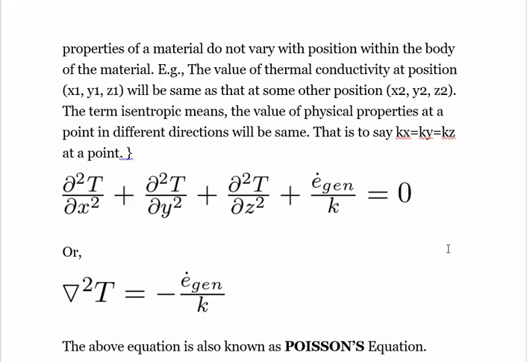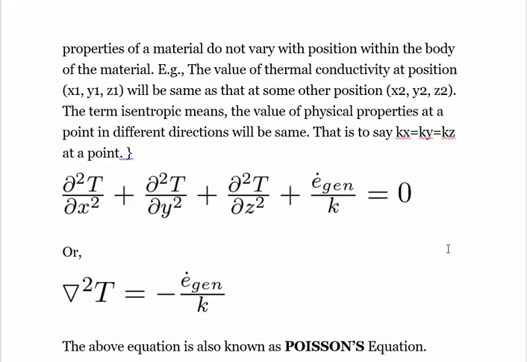Then the equation will be formed: the double differentiation of the temperature in the x direction, plus the double differentiation of the temperature in the y direction, plus the double differentiation with respect to the z direction, plus the heat generated divided by the thermal conductivity, is equal to 0.